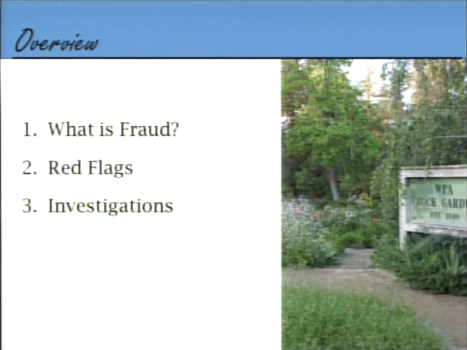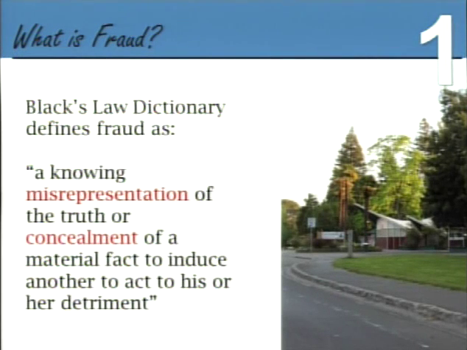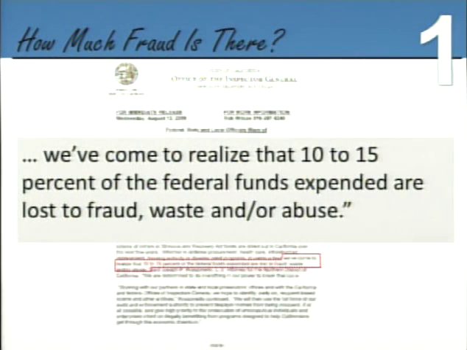Today I'm going to talk to you briefly, I think I have about 10 minutes, about what is fraud, how much fraud is out there, and what you can look for to see if fraud's going on with your project. So fraud is defined as a misrepresentation or concealment of the truth. So it's either a lie or you're hiding something, it's an omission.